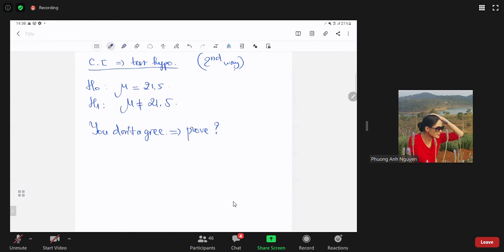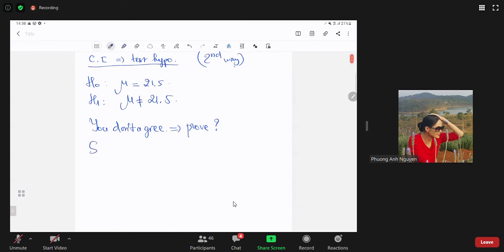by taking a sample. So we take a sample of n students, for example n equal to 100, and then you collect data. You ask the age of all of them and get the average.